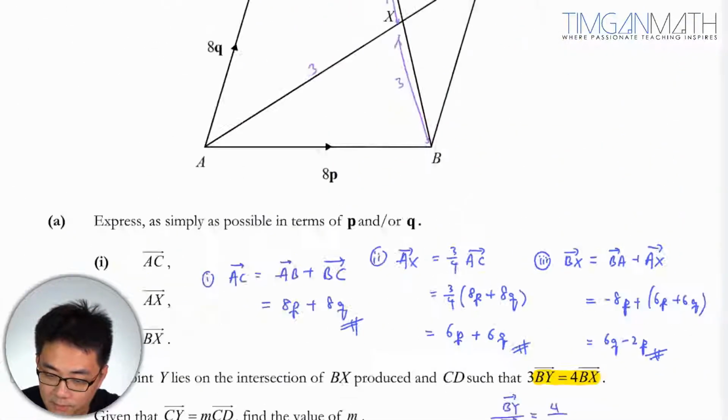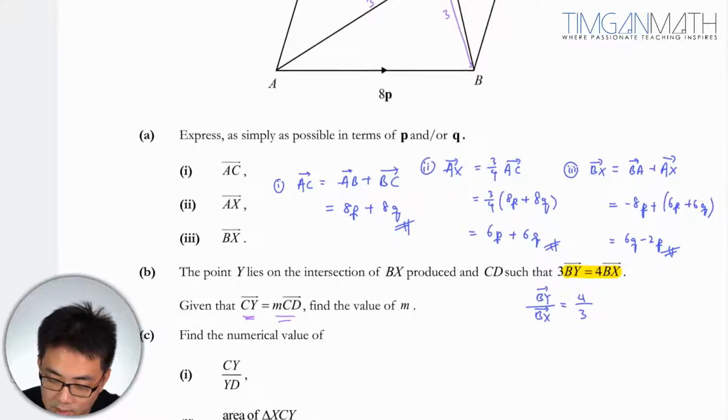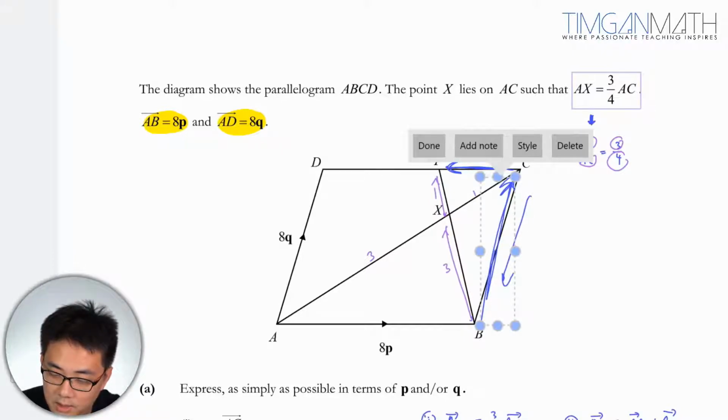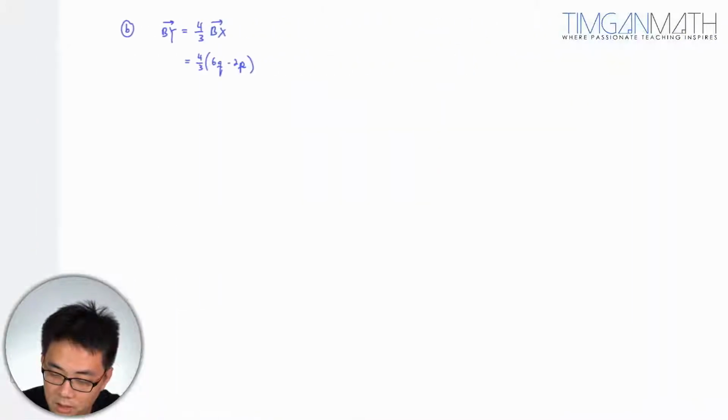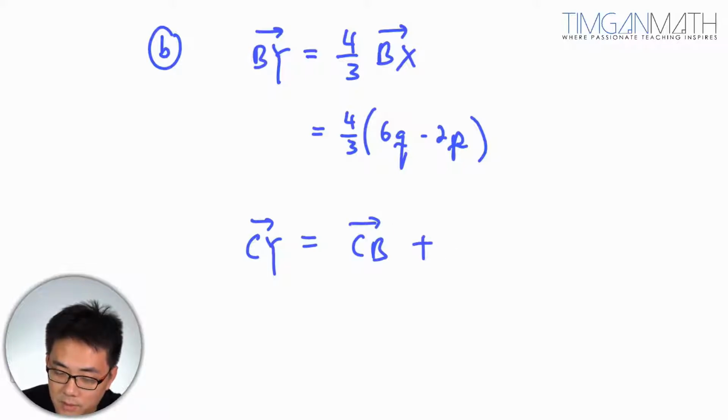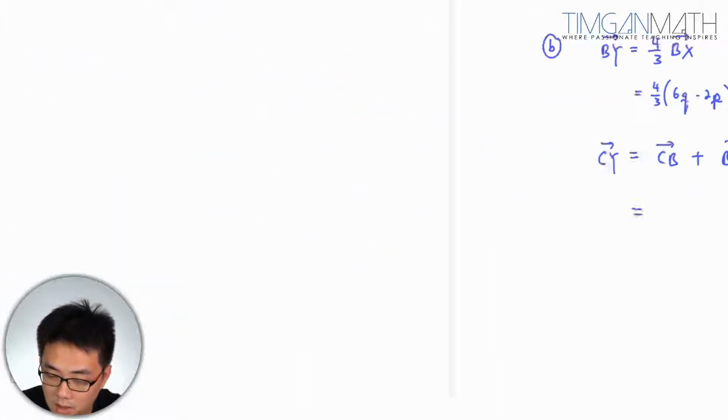After which, we already have BY, so we could find our CY, because we need to find CY and CD. So this is CY. To find CY, we just need CB plus BY.